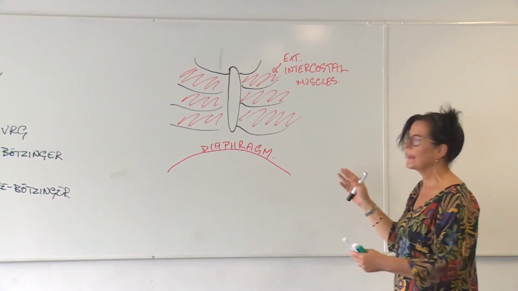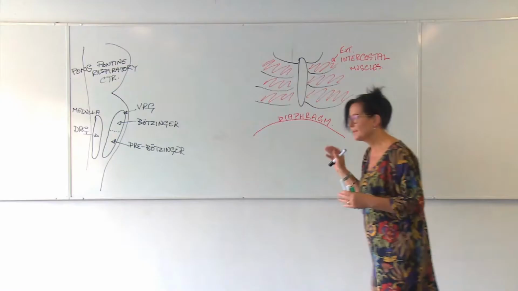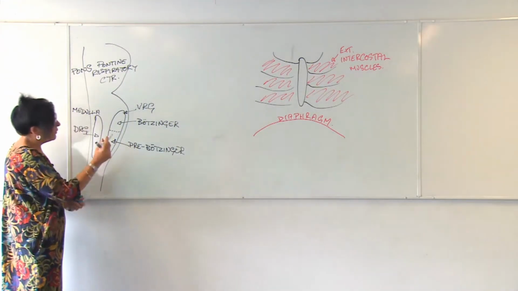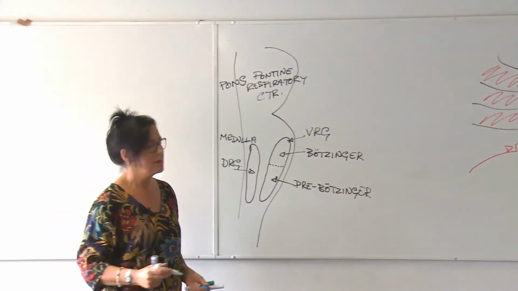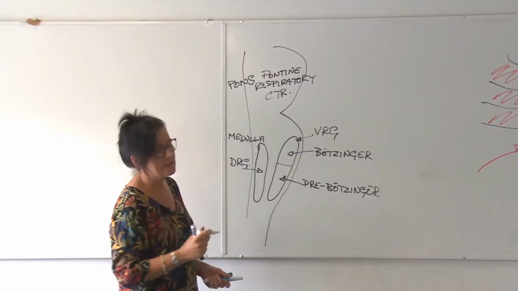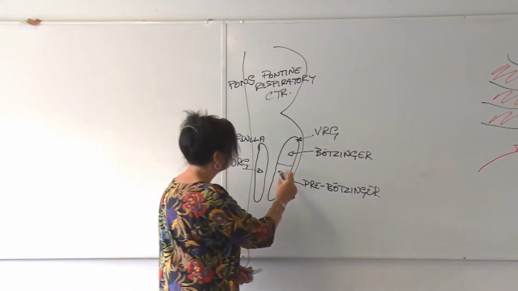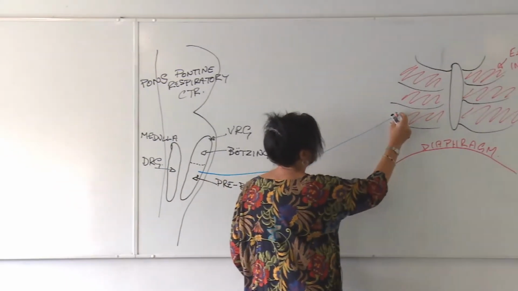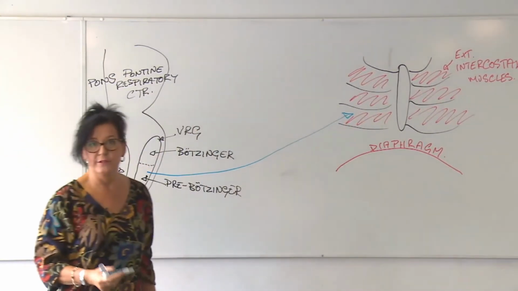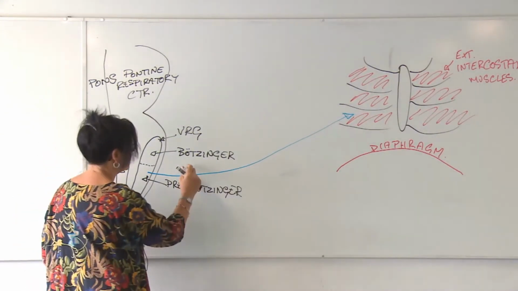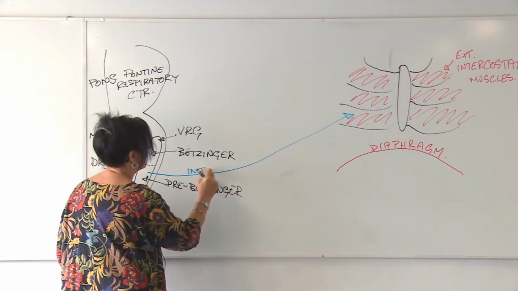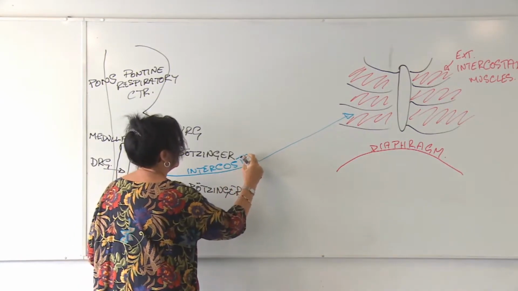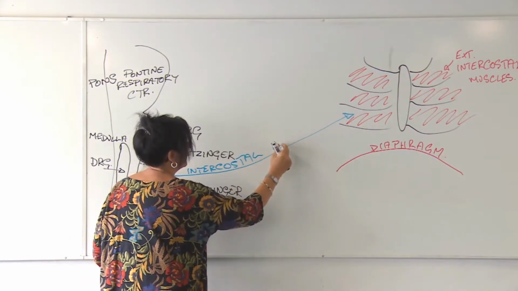Okay, so let's link these two together neurally. So from the pre-Bötzinger to the external intercostal muscles, we have the intercostal nerve. Easy to remember, intercostal nerve. N for nerve.